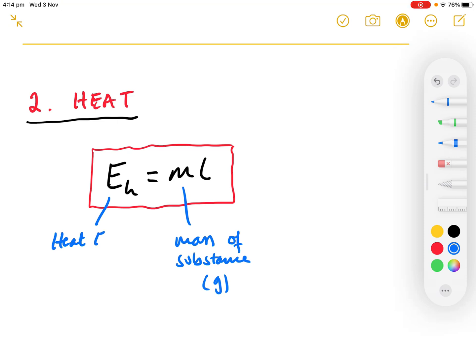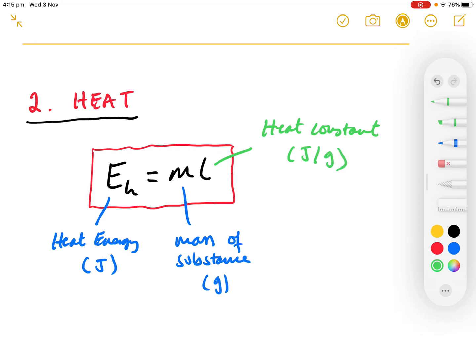EH is the amount of heat energy needed to cause the melting, and that will be in a unit called the joule, which I'm sure you've met. And this L is the special heat constant we talked about, and it has to be measured in joules per gram.